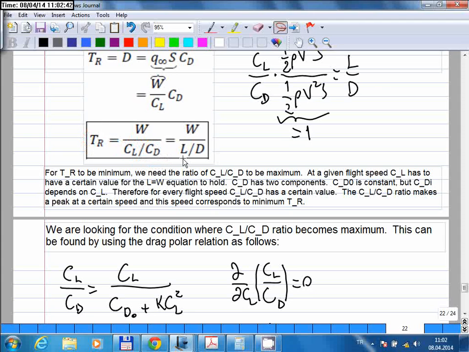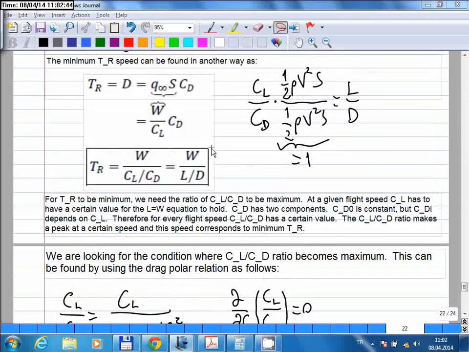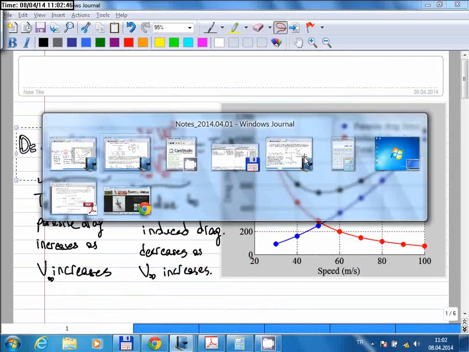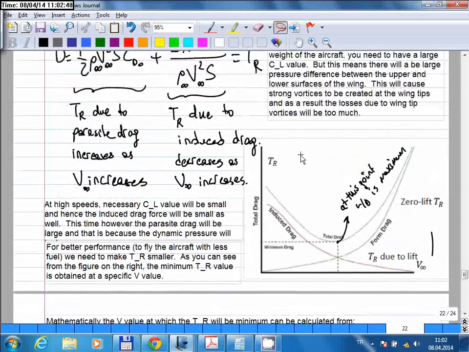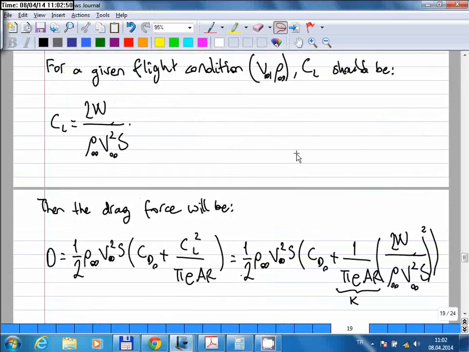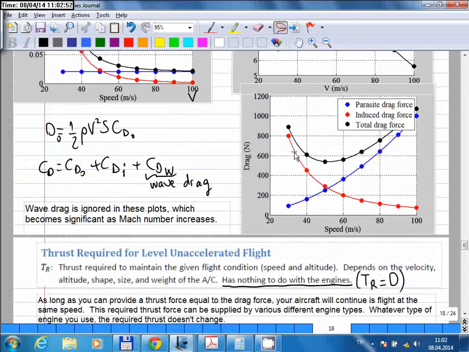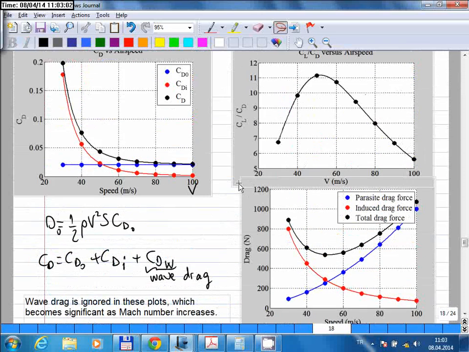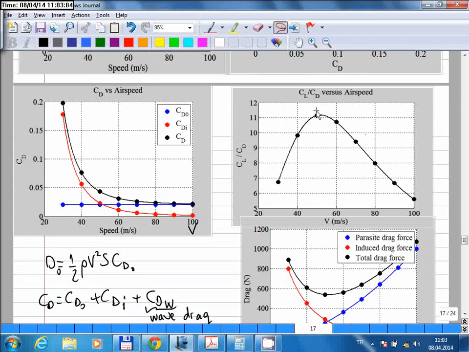Okay? Now let's go back to these curves here. From the graph, we see that the minimum point for thrust required is this point, and this speed is the same speed as this speed here, where the CL over CD ratio becomes maximum.